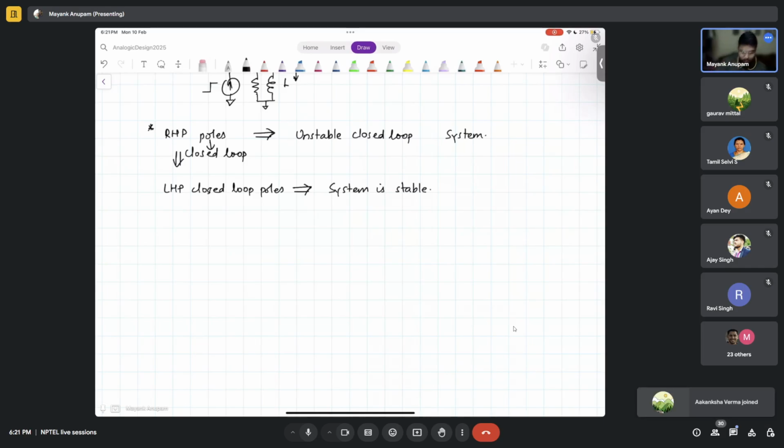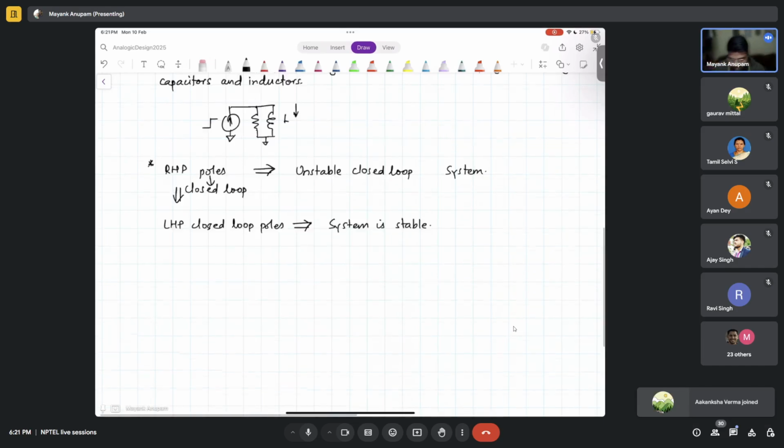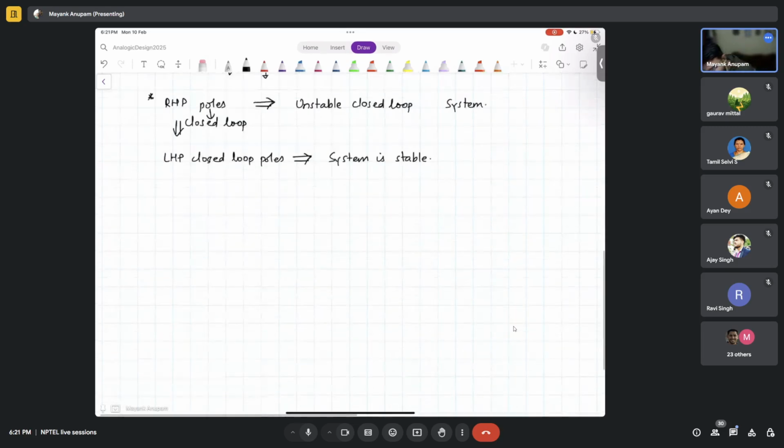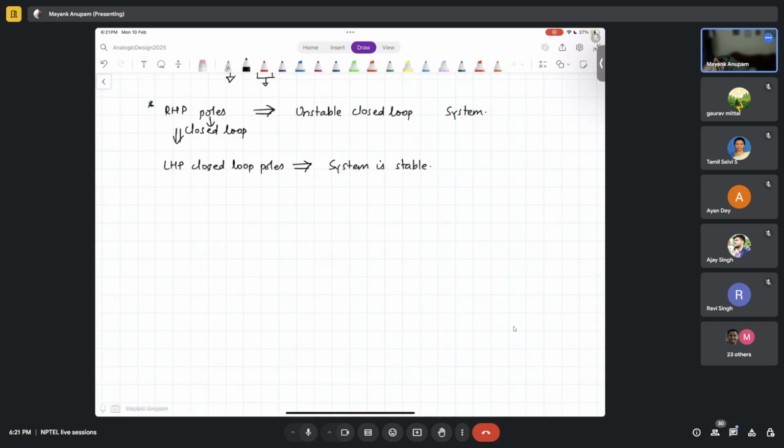But what I'm trying to say is that in whatever we will be learning today or in this course, we'll only be seeing cases where even the open loop system, or basically the loop gain, open loop gain, also has LHP poles only.